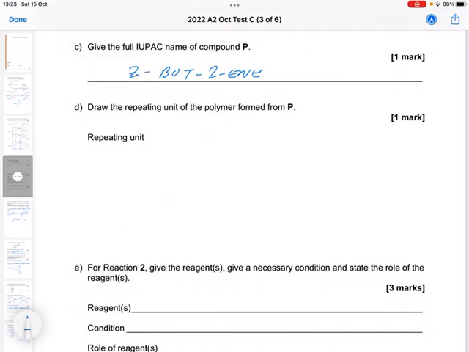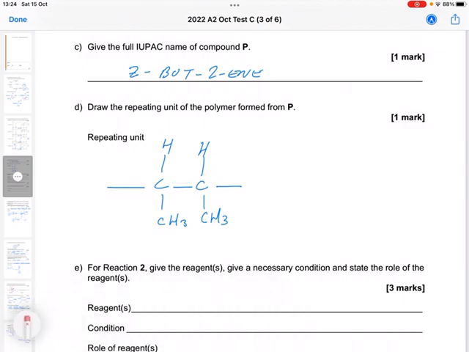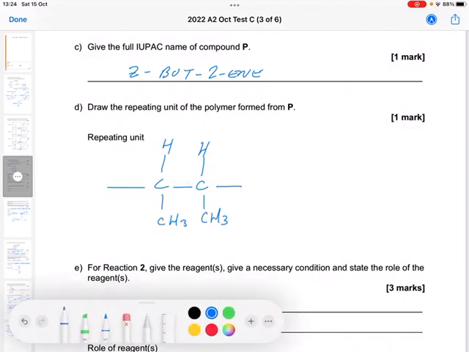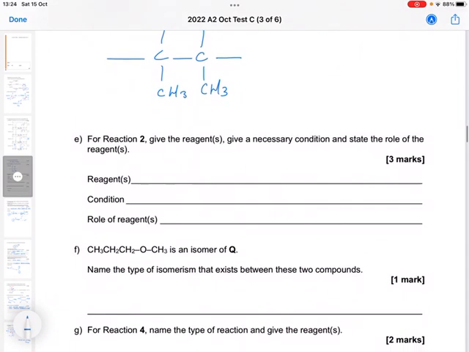Part D, draw the repeating unit of the polymer formed from P. So if I start with the monomer, and then if I extend this and remove one of the bonds that I've got in here, that gives me that.